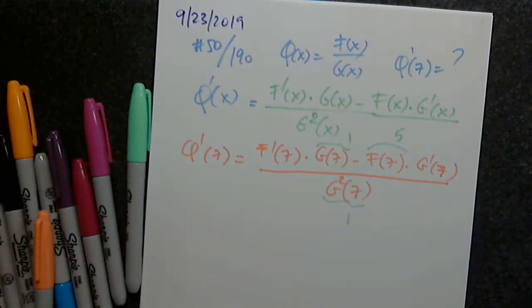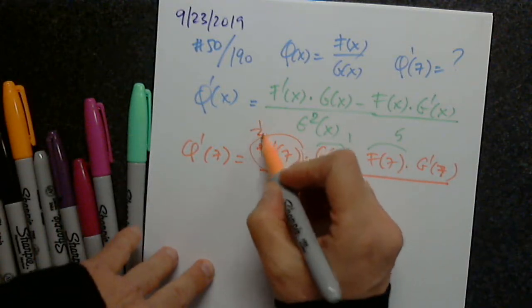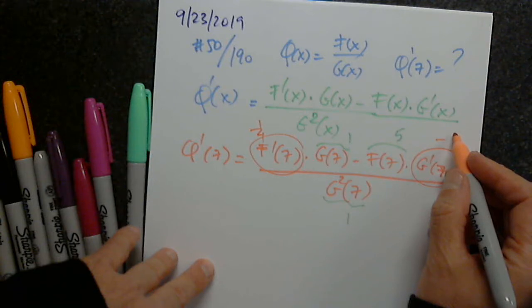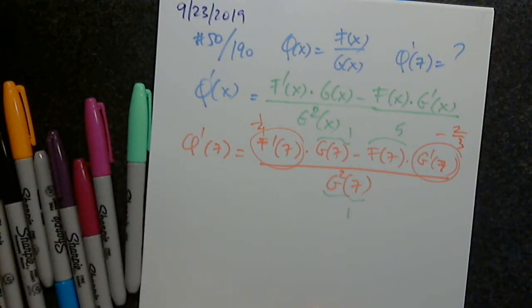Agreed? Perfect. So let's put in all the information now with 1/4. I'll have to erase it some other time. Okay, good. So this is 1/4, and this is negative 2/3. And now we put everything together.